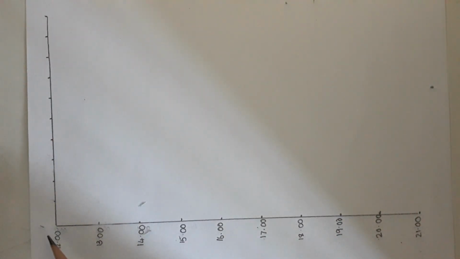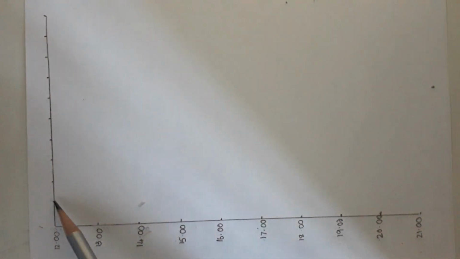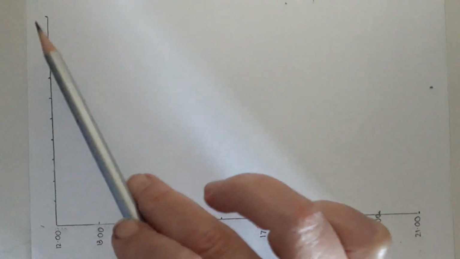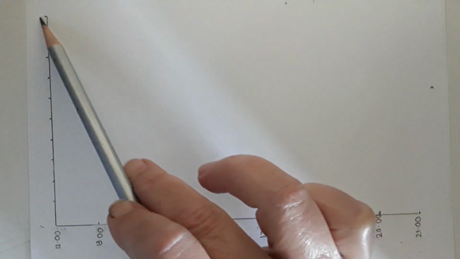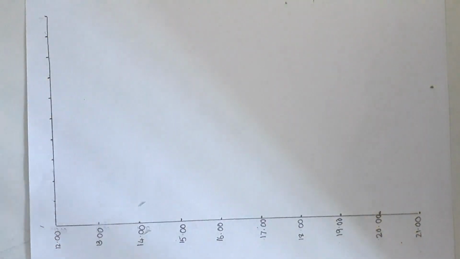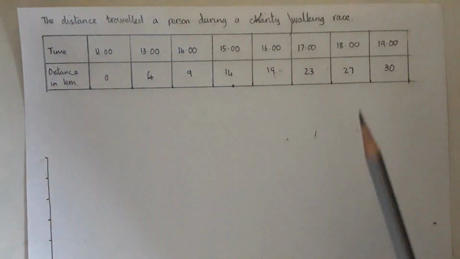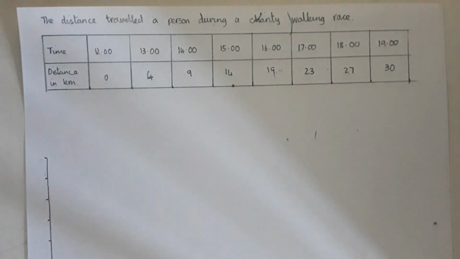So we would go 0, 1, 2, 3, 4, 5, 6, 7, 8, 9, 10, and that would get us to 10 kilometres. But you can see from the data in the table that it needs to go up to 30 kilometres.